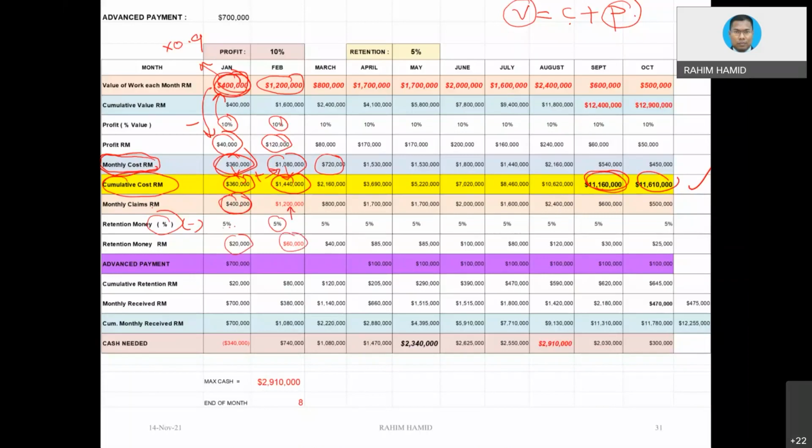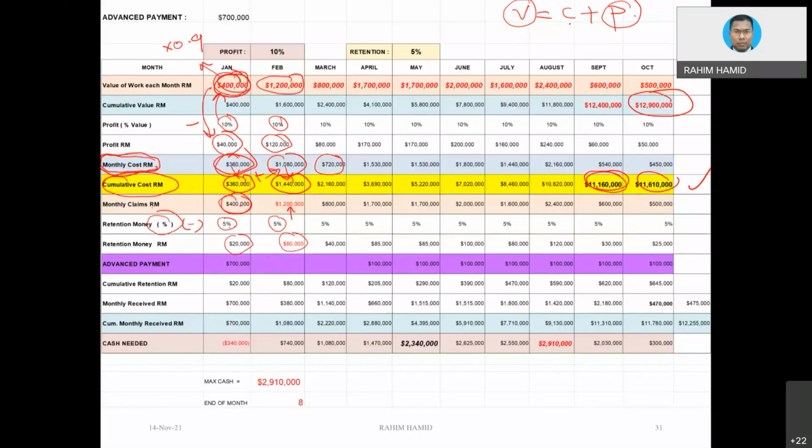And then we can also make retention money cumulative in order to know at the end of the project how much money is being retained. But you don't have to calculate if you want to know the amount, because you already know the 5% is going to be deducted from the value of the project. What is the value of the project? You already know, 12,900,000.